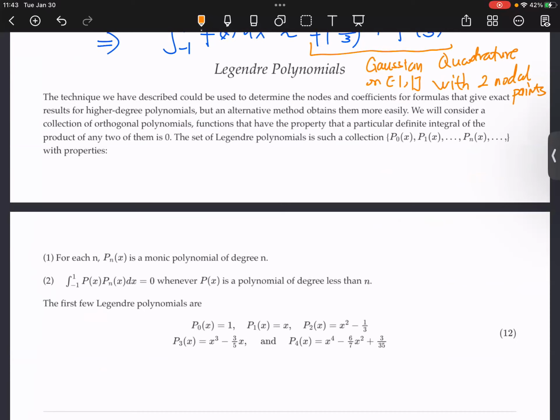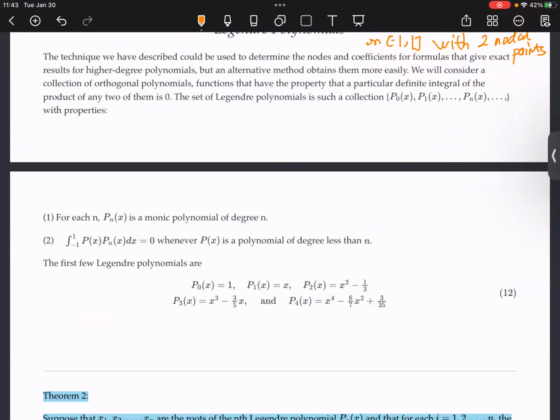So we say the Gaussian nodal points are fixed, and how do they look? Actually, have you learned the Legendre polynomials before? The good news is that if we have n nodal points, the n Gaussian nodal points are related to the Legendre polynomials.